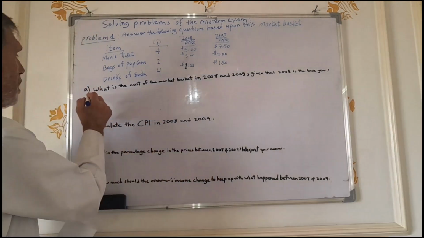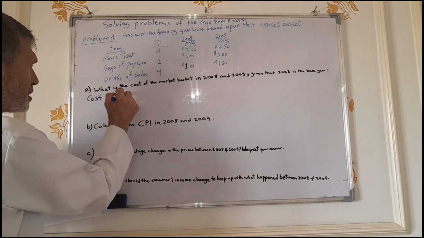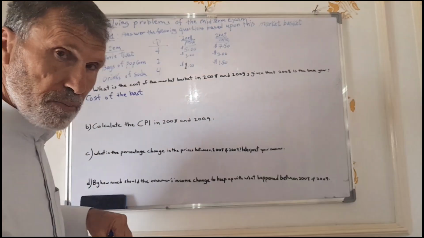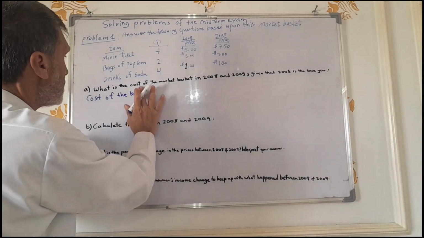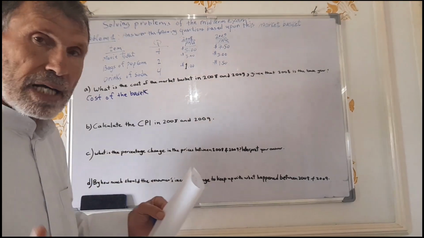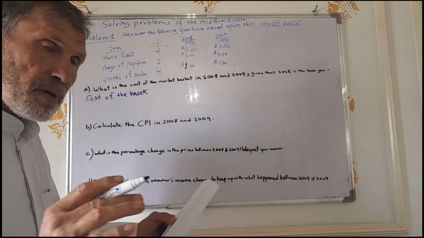So what we do here, cost of the basket, or cost of the market basket, is the same as total expenditure of the market basket.